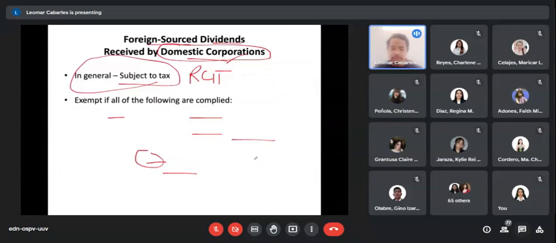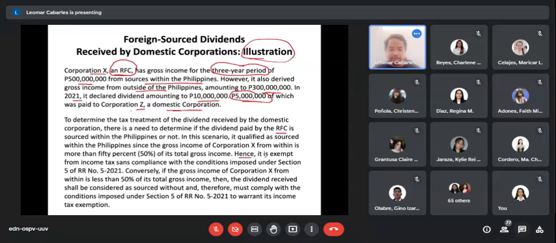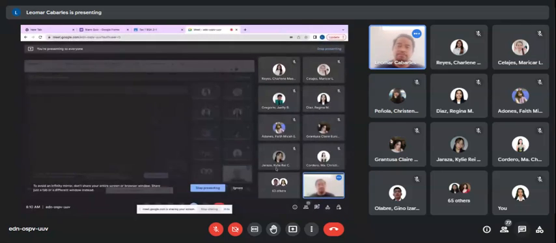No? Ang sabi dito, hence, it is exempt from income tax, sons. In case you don't know, ang ibig sabihin ng sons ay without. No? Okay? Without compliance with the conditions. So, ang ibig lang sabihin nito, since Philippine source naman siya, yung dividend, exempt yan from income tax.